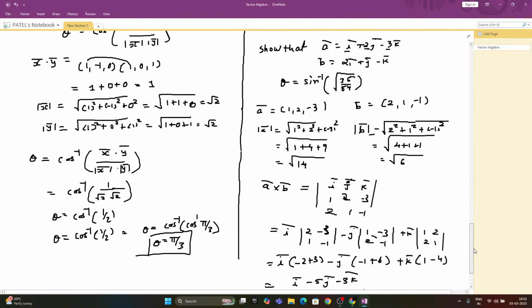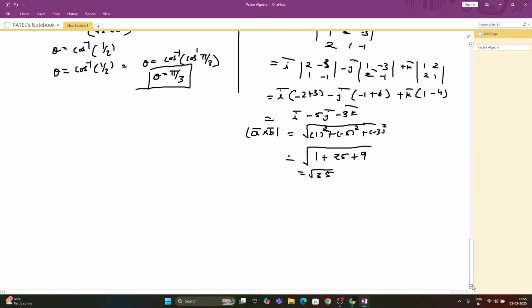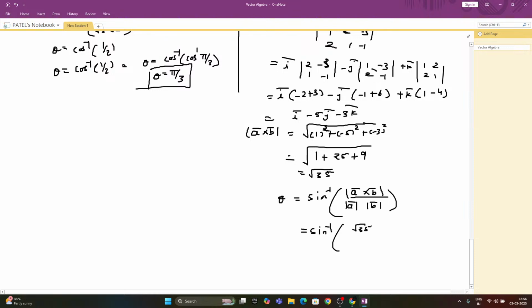So if you observe, we want 35 in numerator and 84 in denominator. So according to the formula, theta equals sine inverse of mod of A cross B upon mod of A into mod of B. So sine inverse, A cross B is root 35, under root 14 and under root 6.